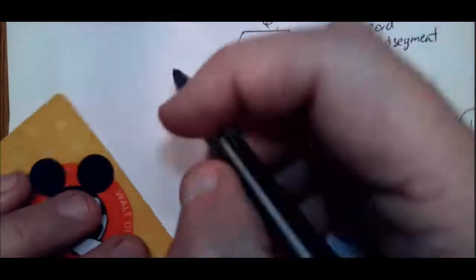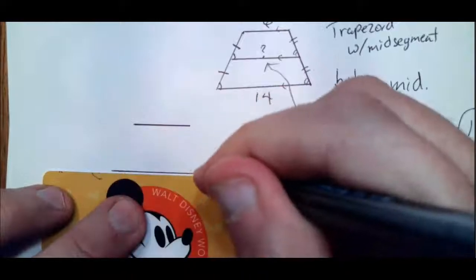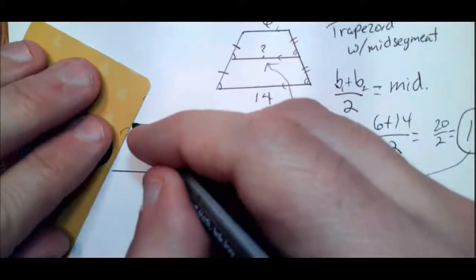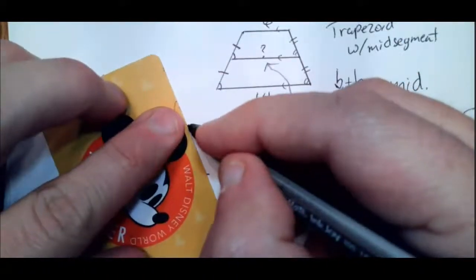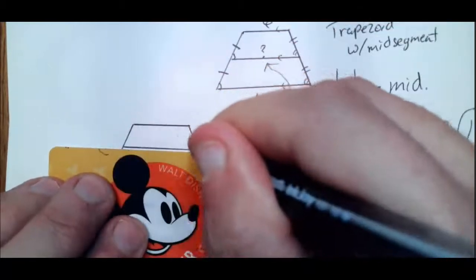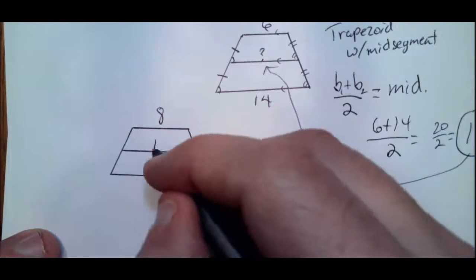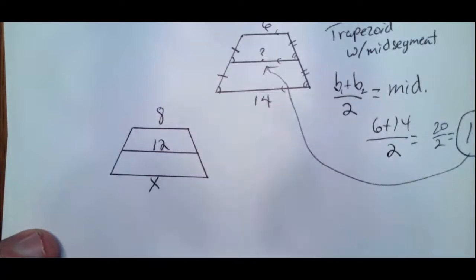There is another type of problem that you could see with this. Instead of giving you the two bases, they could give you a base and a mid-segment, and you have to find the other base. So let's say this is 8, this is 12, and you want this.